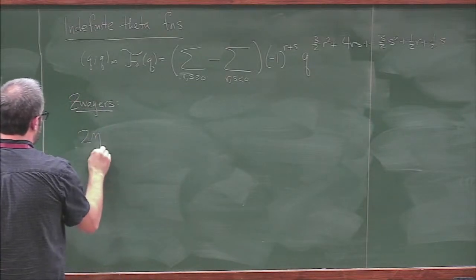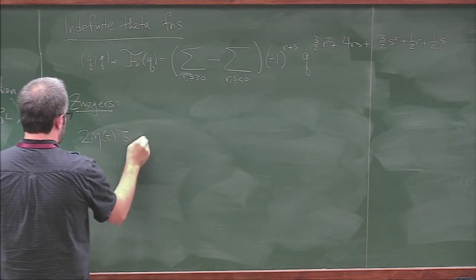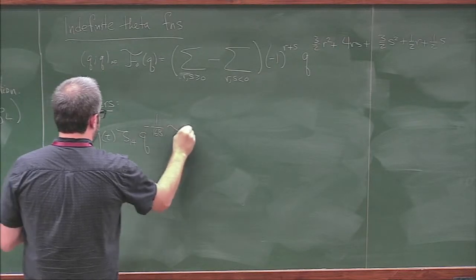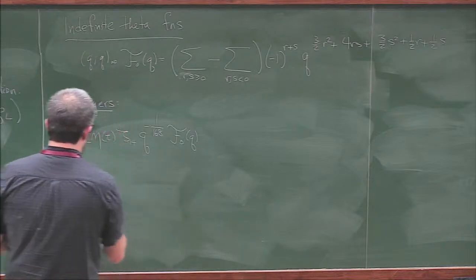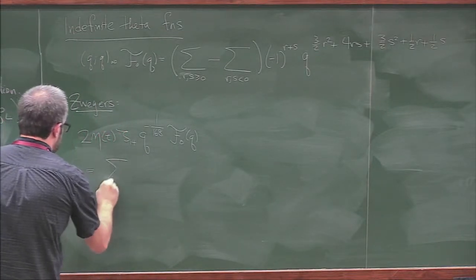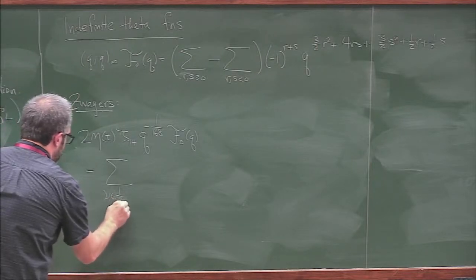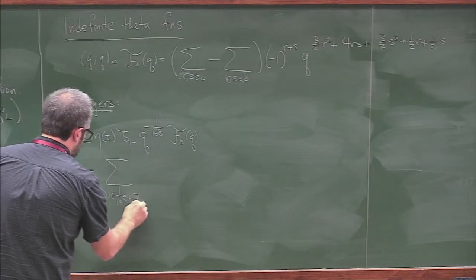So 2 eta of tau, zeta 14 q to the minus 1/168 f0 of q equals a sum over all nu in 1/14 e plus z2.